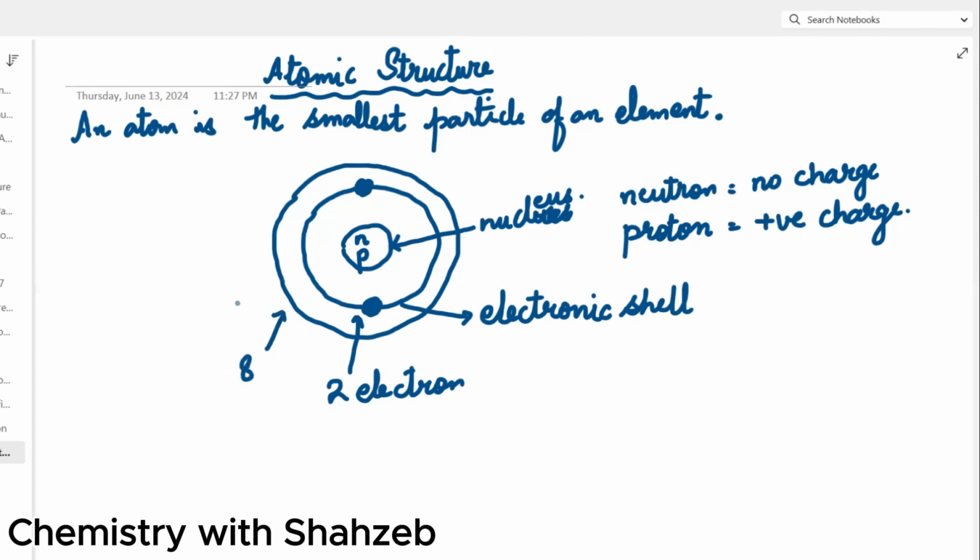Further, they revolve around the nucleus in their electronic shells. The charge on an electron is negative.